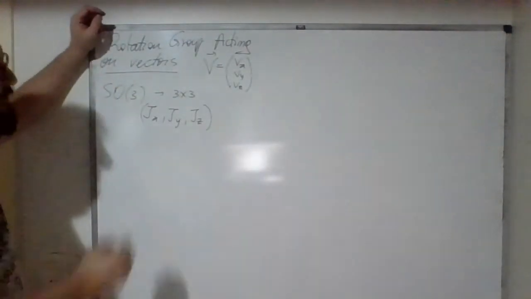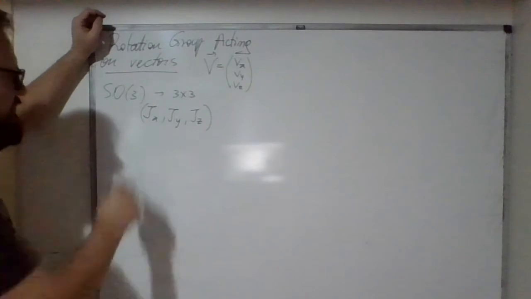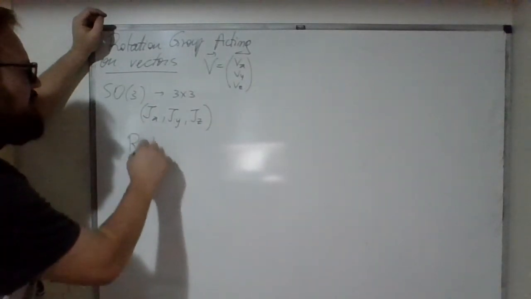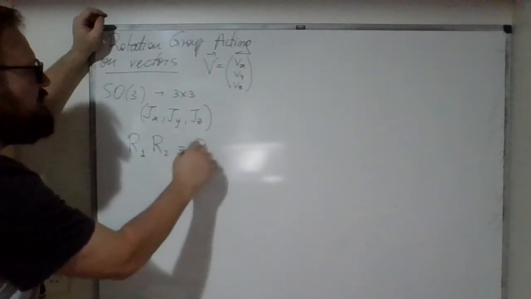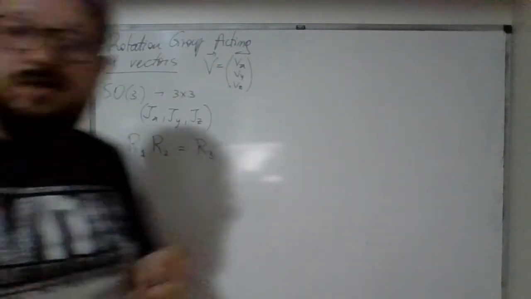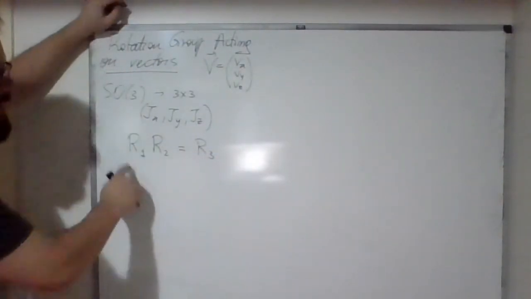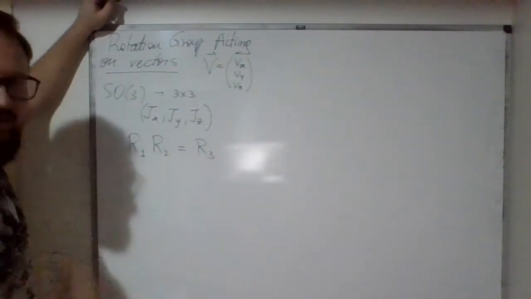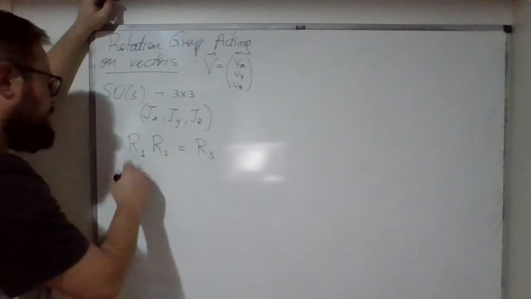But rotations must satisfy the following properties. A rotation 1 times a rotation 2 corresponds to a third rotation. Of course, we are dealing with matrix multiplication, and matrix multiplication is associative, so we do not have to worry about that. So that group property is already ensured by the usage of matrix algebra. So two rotations produce a third rotation.